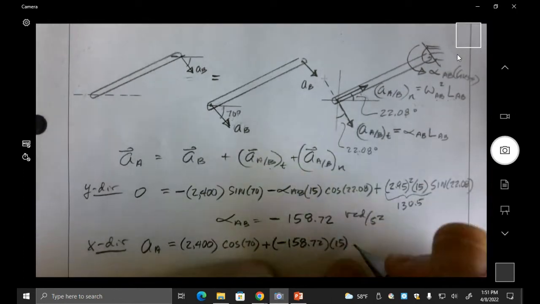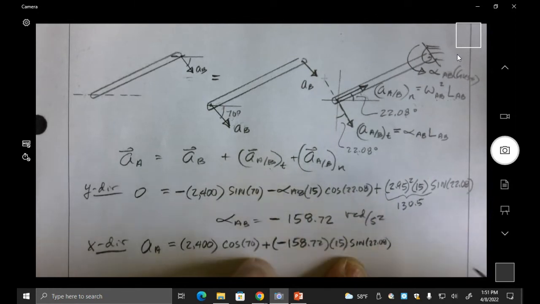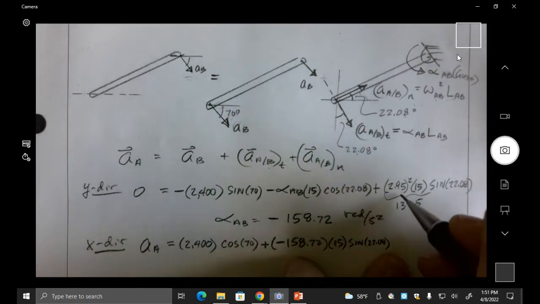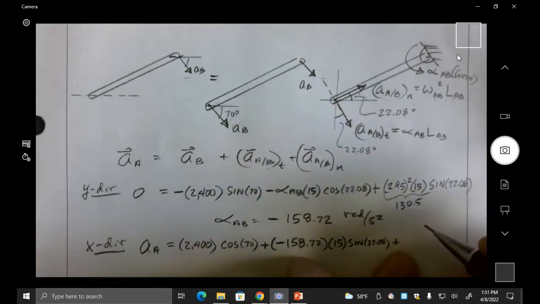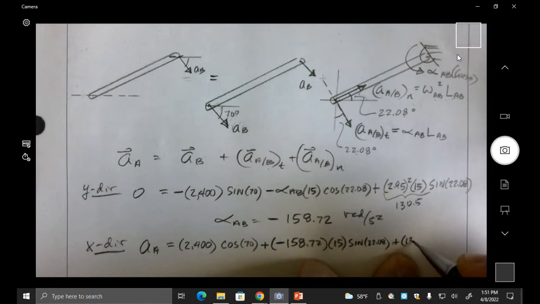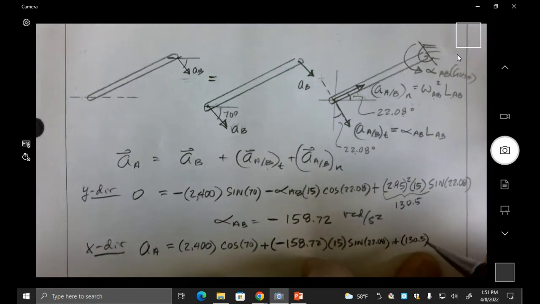And then 15, and now it's going to be the sine of 22.08. And here, this is also positive direction. So that's going to be 130.5. See, I just saved that. That's where the time got saved.